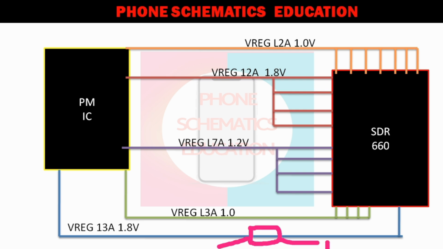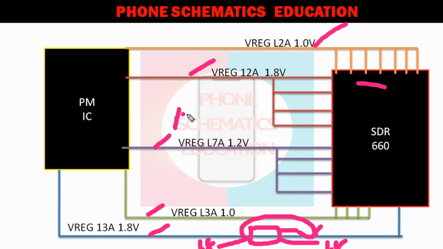Also you will check 1.8 here. If you get 1.8 here but do not get one point here, that means your resistance is open. So make a jumper, right? Also you will see there are two 1.8 voltages, two 1.0 voltages and one 1.2 voltage.